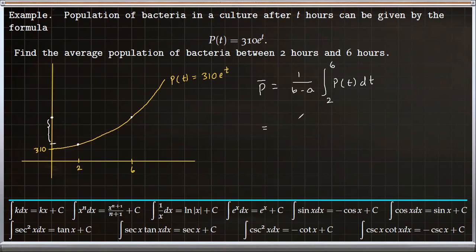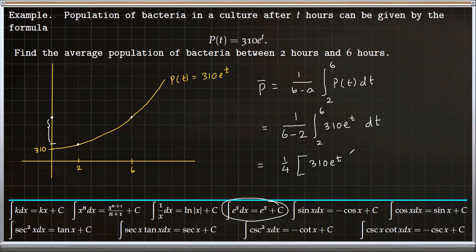So let's plug in the values we have. b is 6 and a is 2, times the integral from 2 to 6 of 310 e to t dt. So 1 over 6 minus 2 is 1 over 4. And the antiderivative of 310 e to t will simply be 310 e to t using this formula over here.